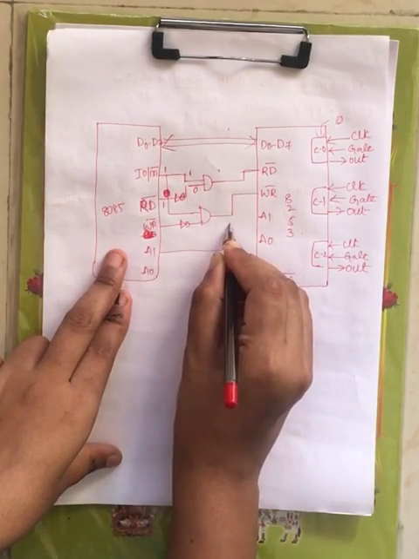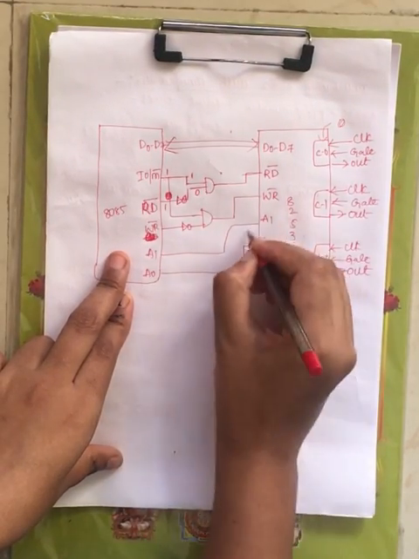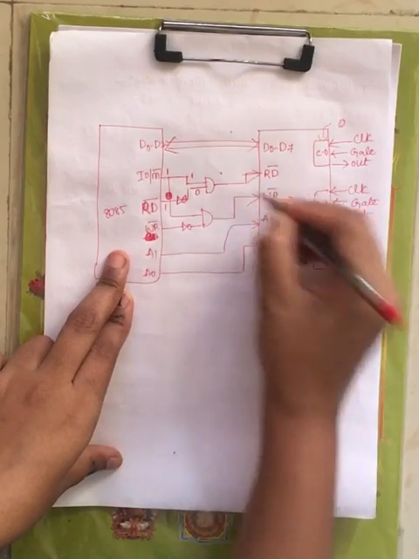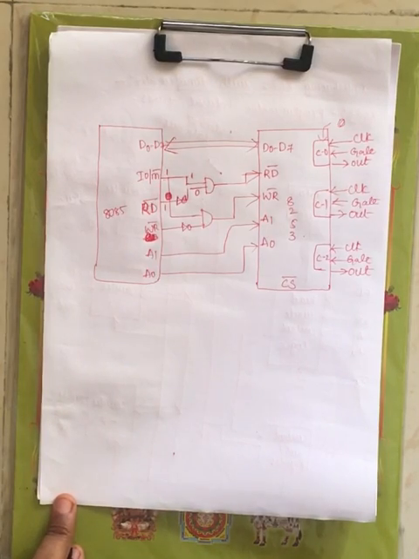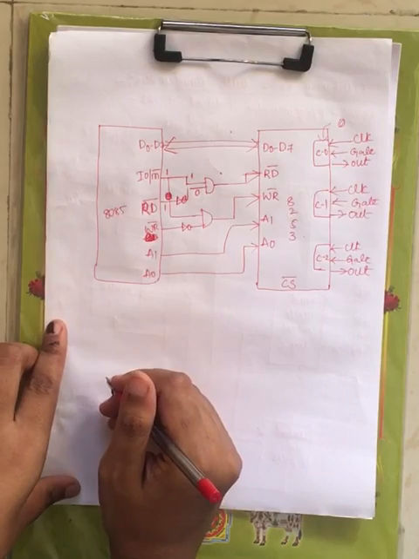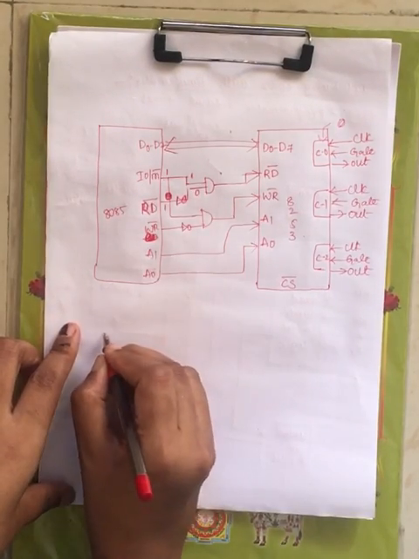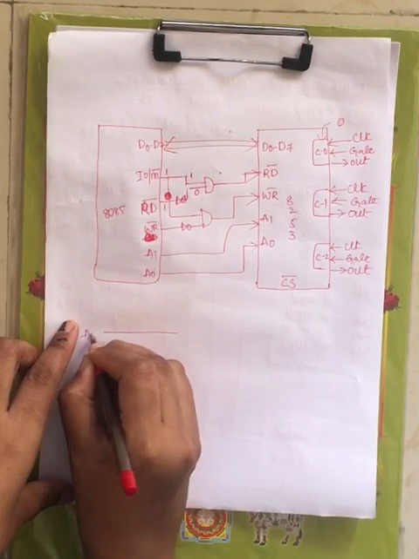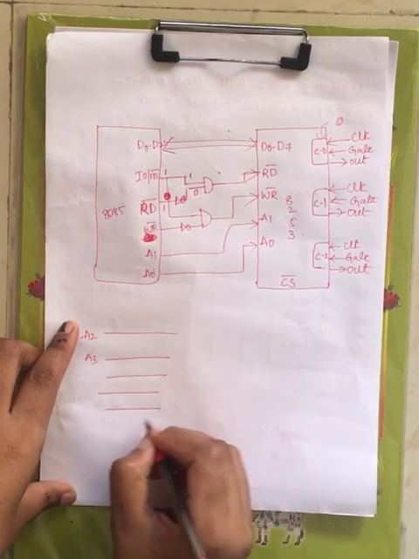Now A1 of 8085 is connected to A1 of 8253, and A0 of 8085 is connected to A0 of 8253. Now in IO mapped IO, how many address lines are used? 8 address lines. 2 are completed here. Now the remaining A2, A3, A4, A5, A6, A7.